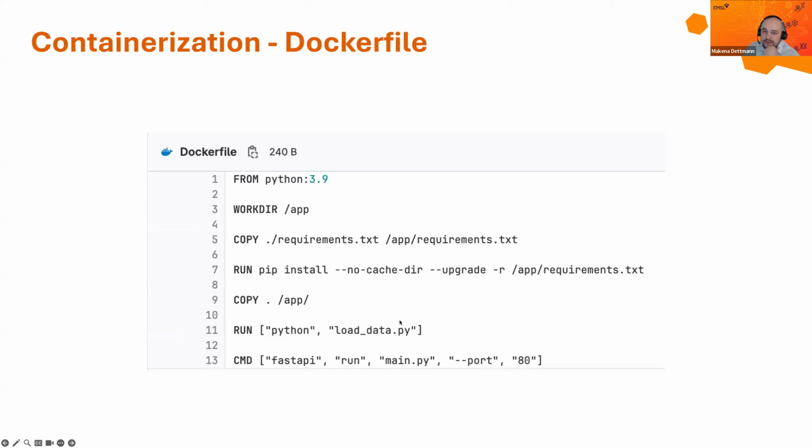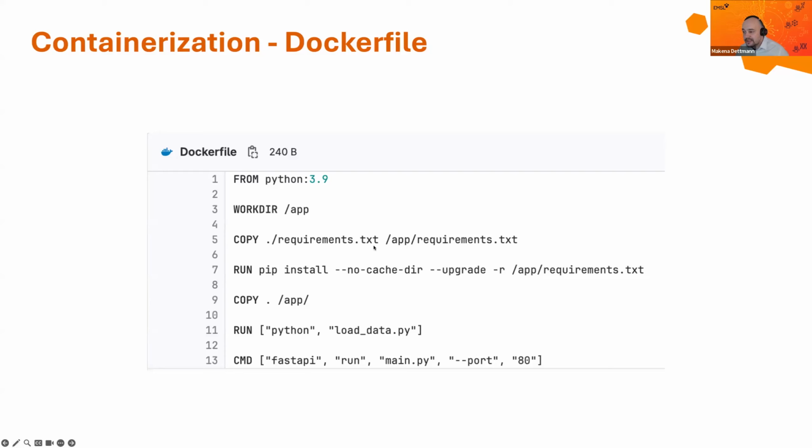Okay, so now we're ready to jump into containerization. The first step of containerization is to create a Docker file. And a Docker file creates what's called a Docker image. So I've got an example here, which is a basic Fast API Docker file. So you can see I'm starting from the Python base image. I'm starting at the app working directory.